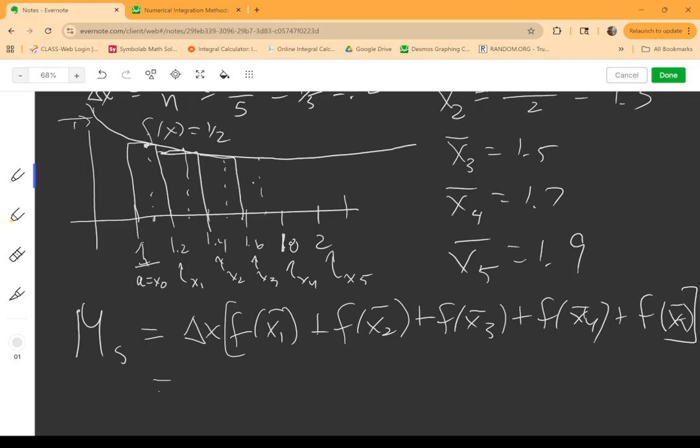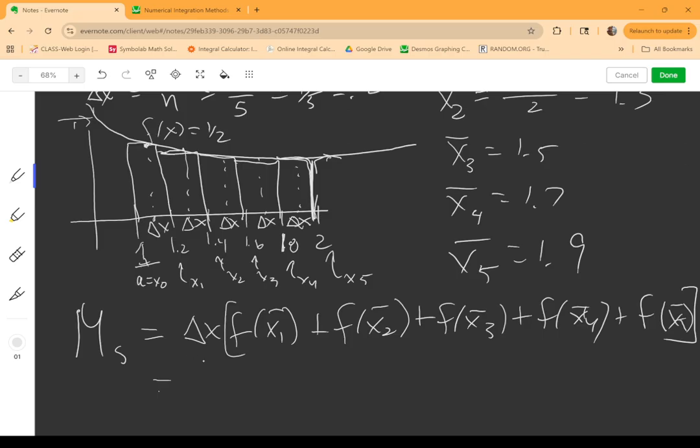And each one of the bases for the rectangles is delta x. The width here is delta x, delta x, delta x, delta x, delta x, right?